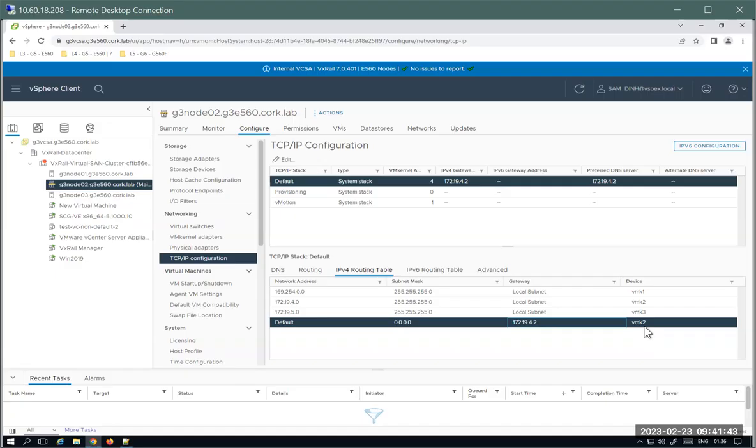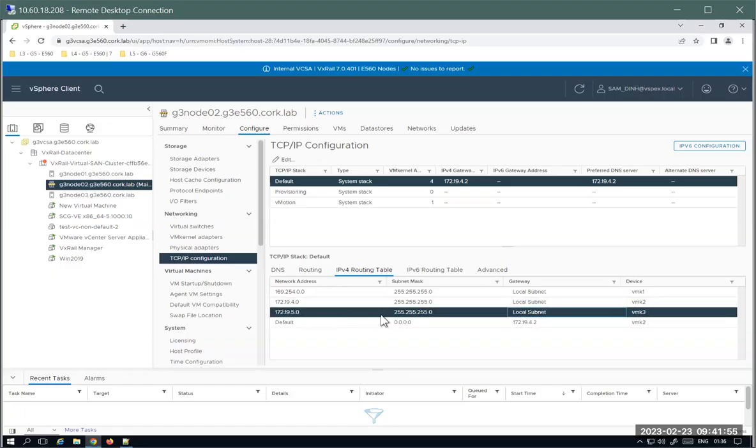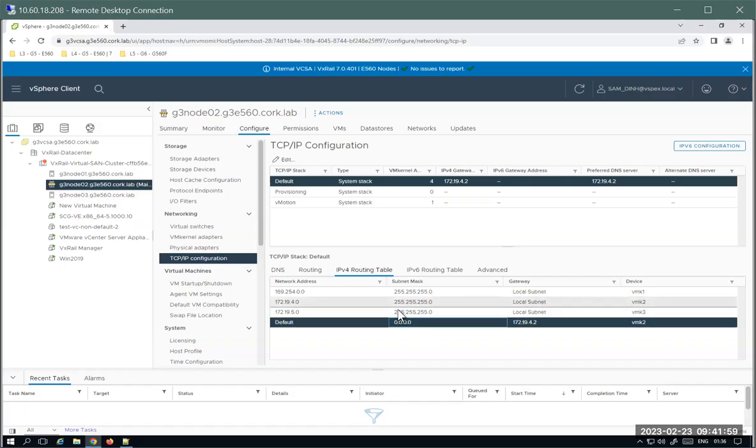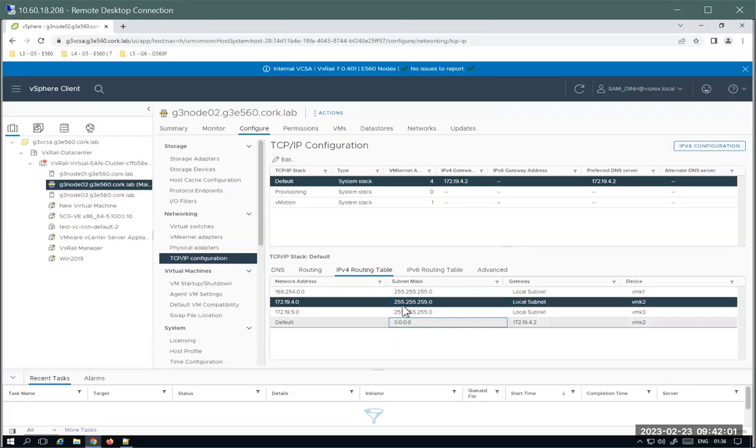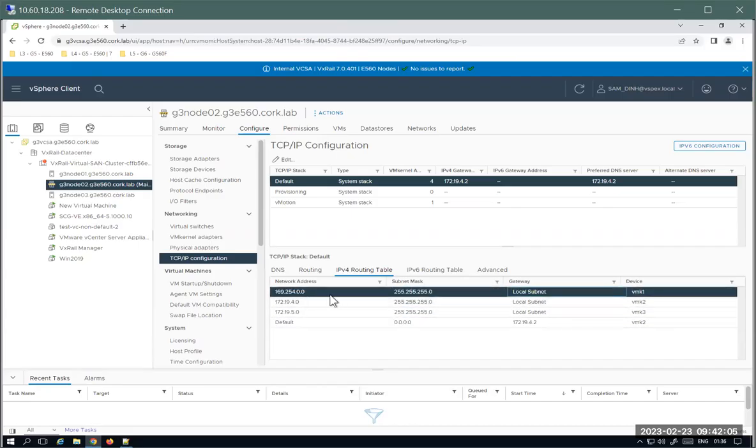So let's say VMK2. If the host wants to go to VxRail Manager or vCenter, it will use this route. And here for vSAN, you can see this one is actually the same, and this one is to go to iDRAC, so on the network.